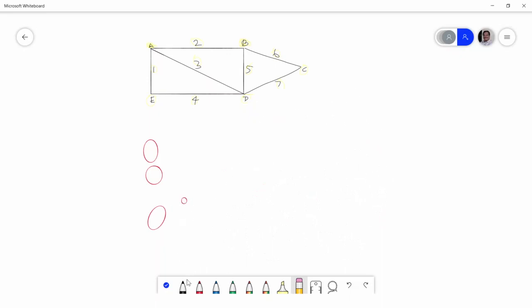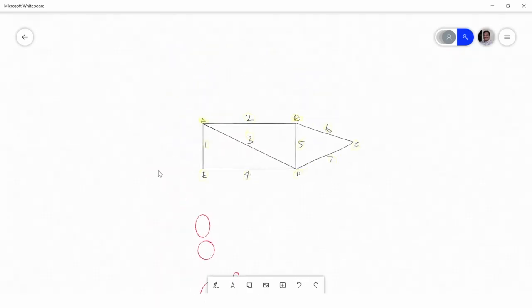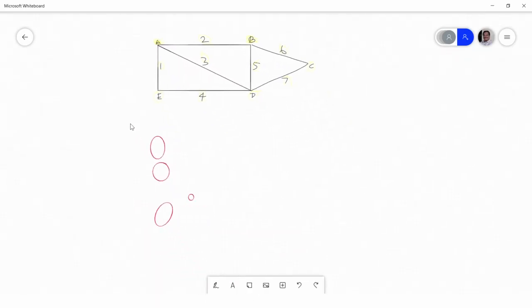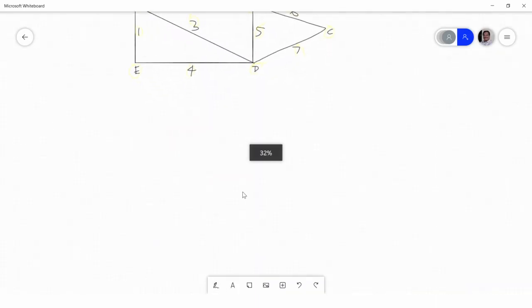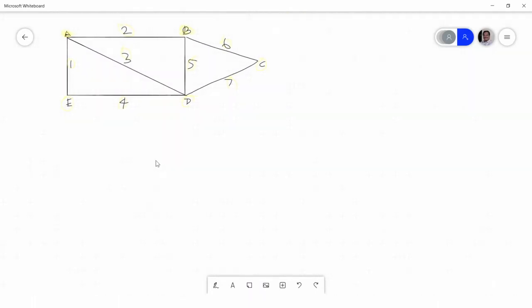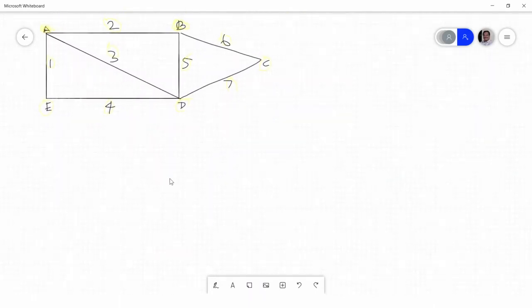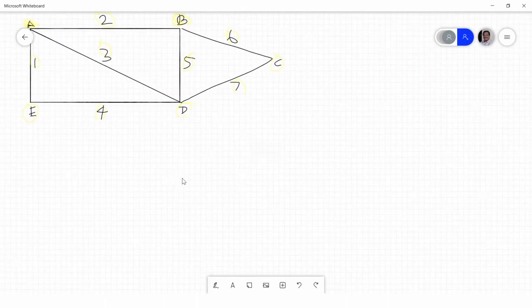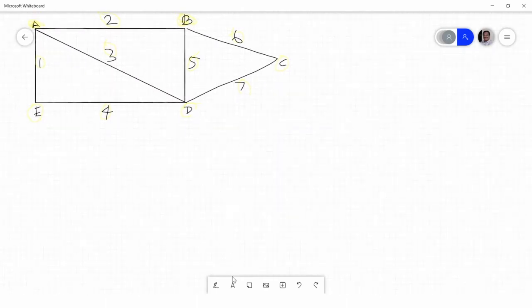In this particular example, I have to find a path from one particular node to another. I select a node A. I want to find the path from A to D. So I'll select all the paths available.